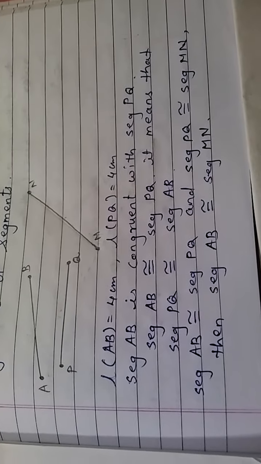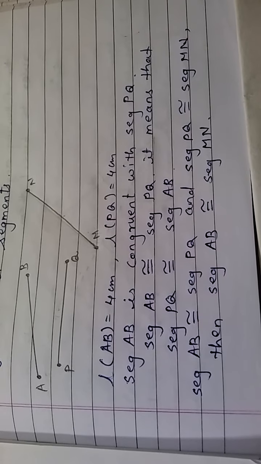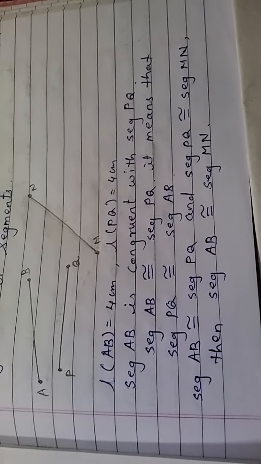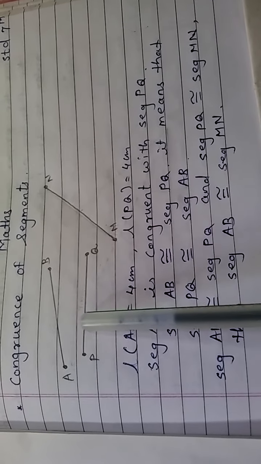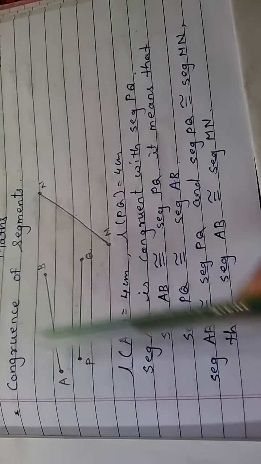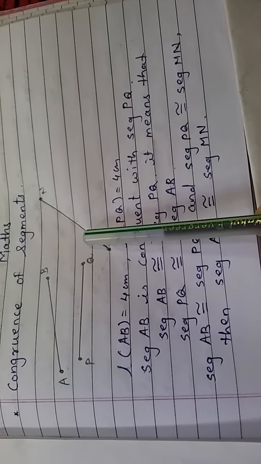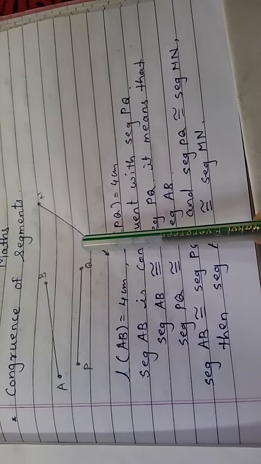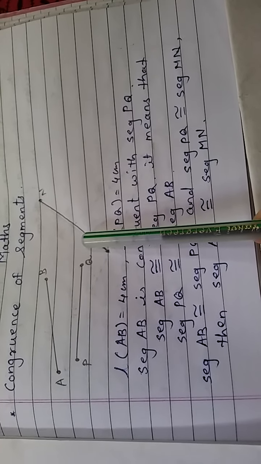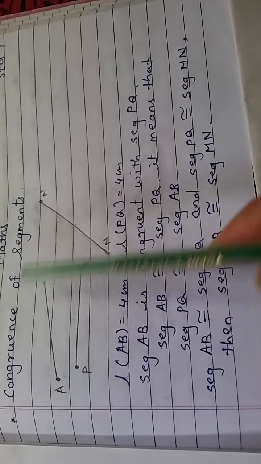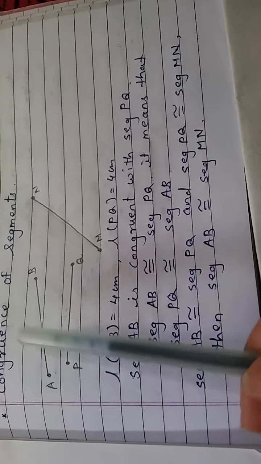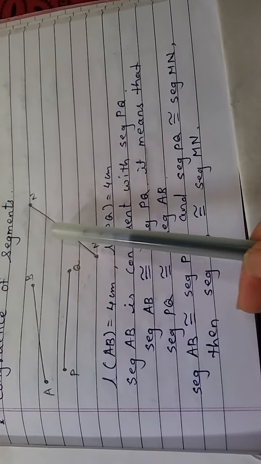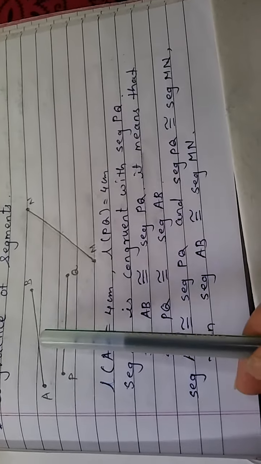In other words, if one line segment is congruent to another, and that segment is congruent to a third one, then the first and the third segments are also congruent. Here I am writing: first segment is congruent with second, second is congruent with third, which means first is congruent with third.